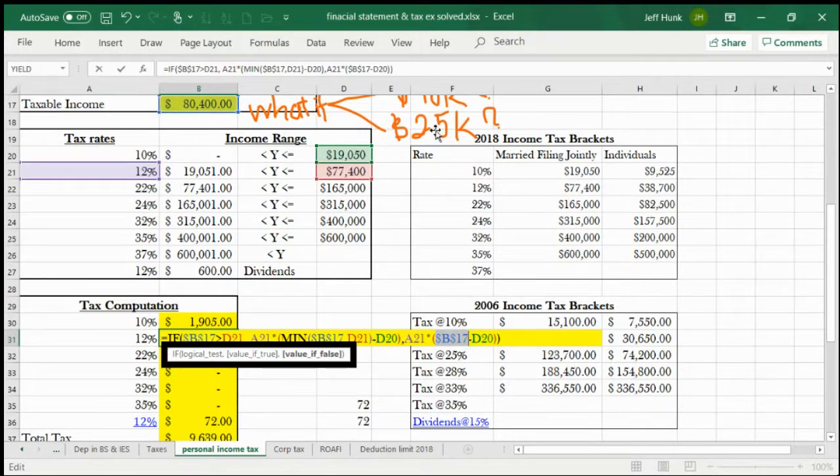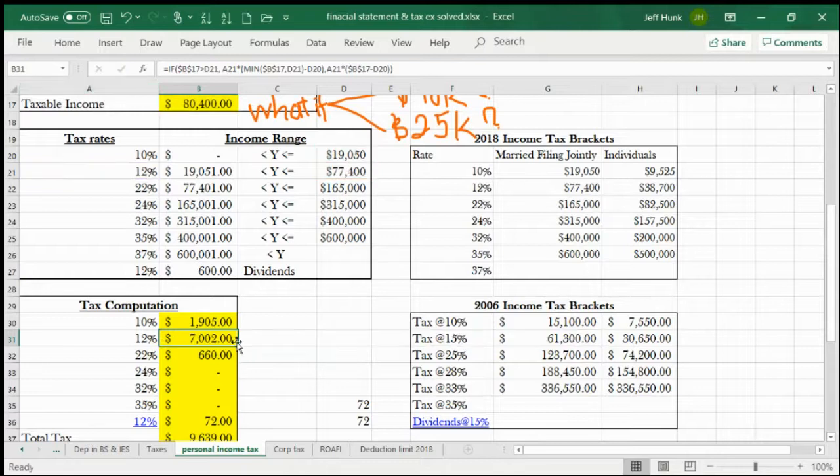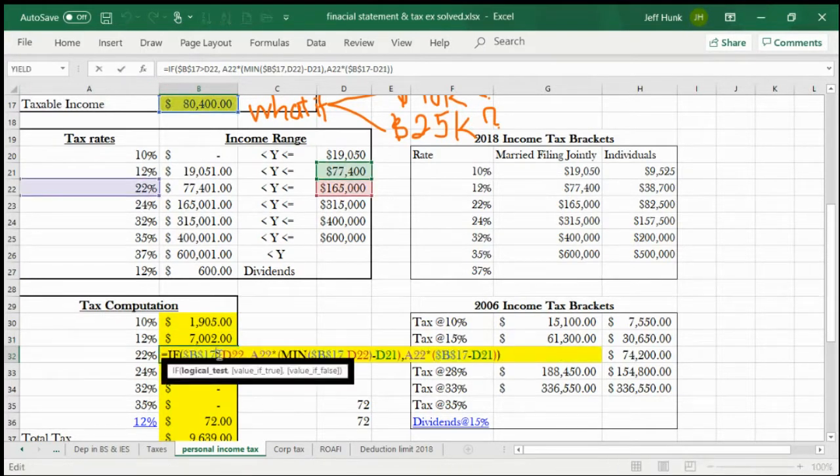So if it is like 25K, then the difference between 25K and this, that will be about $4,000. Only $4,000 will be subject to 12%. And we're gonna keep going like that, right? And then you will see.